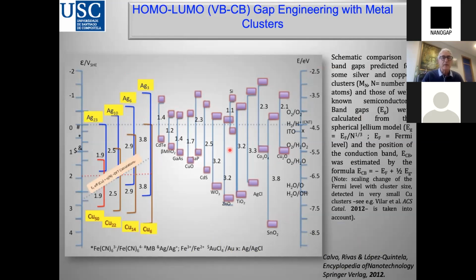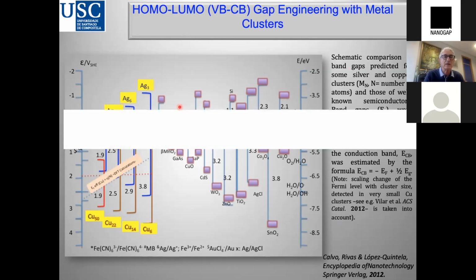But you can do that by changing in a very small scale the size of the atoms. So this is a new possibility to make bandgap engineering with metal clusters.